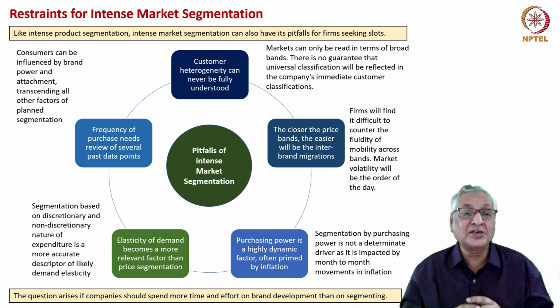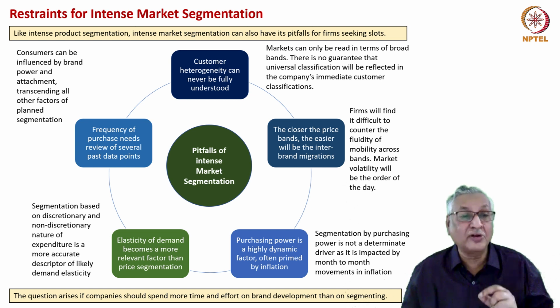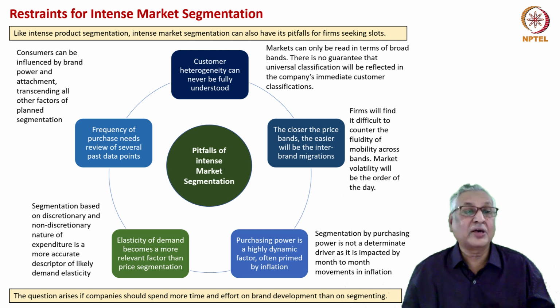Therefore, you need to understand really these several past data points before you decide how intense your market segmentation can be. We have to always keep in mind that consumers can be influenced and will be influenced by brand power and attachment, and it transcends all other factors of planned segmentation.